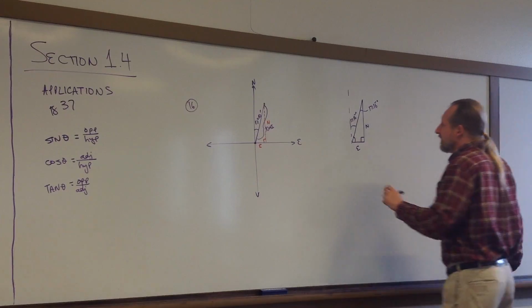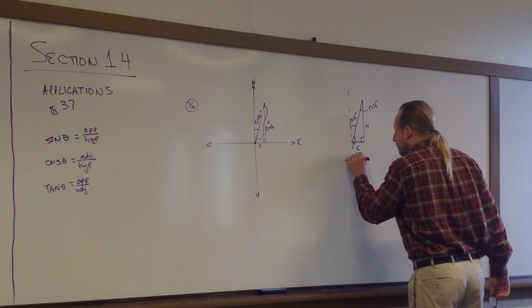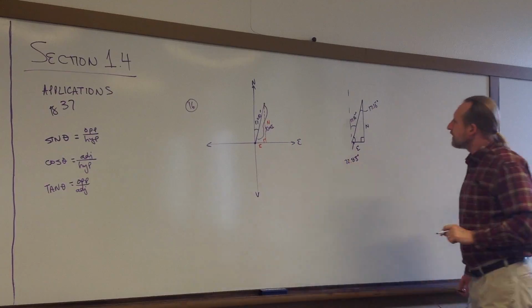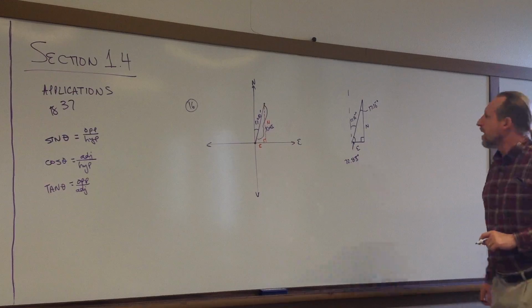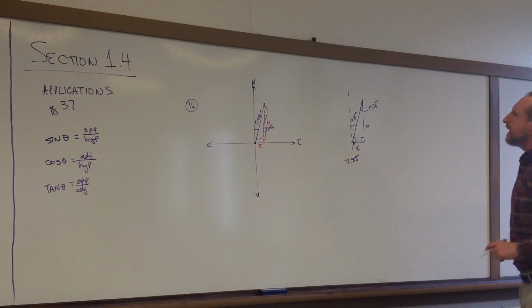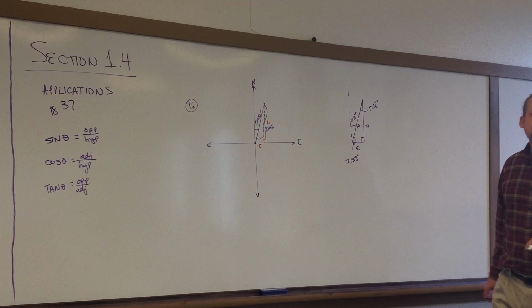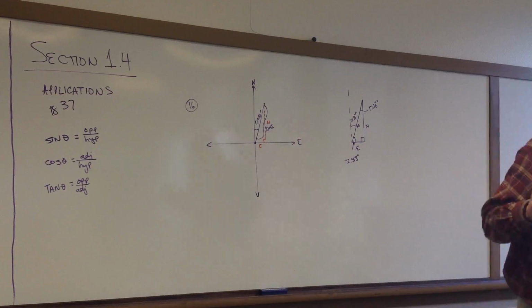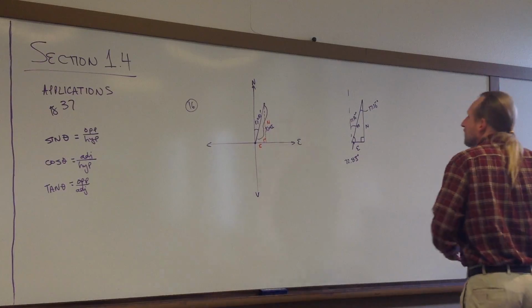72.83 repeating degrees, all right? Let's see, is 90, yeah, okay. All right, oh yeah, and we know that that side is 10 miles, right? Because that was how far they traveled, it was 10 miles. Okay, so let's see here.